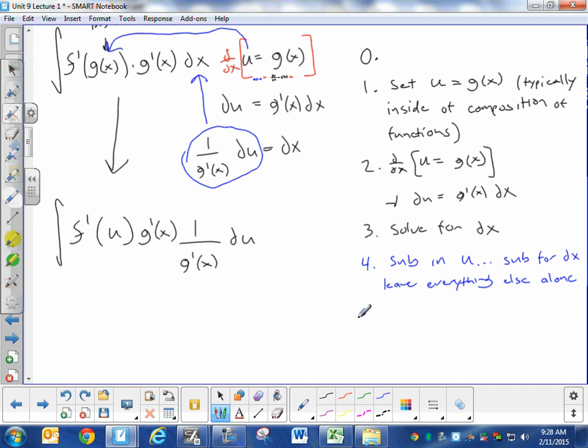Step 5 is the next key step after you substituted in u and you substituted for dx. Stuff should simplify. Your new expression that you're taking the antiderivative of should only have u's.